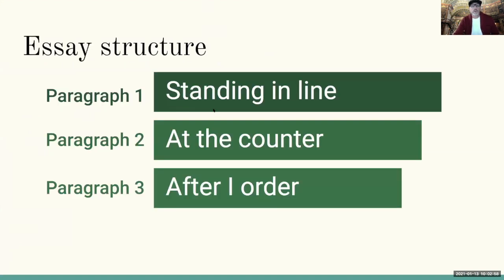This is the structure that we're working from. Yesterday, we did the first paragraph, which was standing in line. So today, hopefully, before 10:30, we will, at the very least, finish paragraph 2, which is us standing at the counter, and then hopefully, maybe get into paragraph 3. We're going to do the same thing that we did yesterday. We're just picking up with paragraph 2. That's all we're doing.